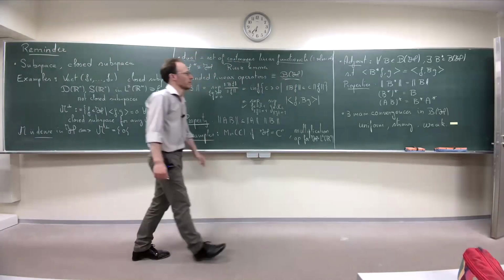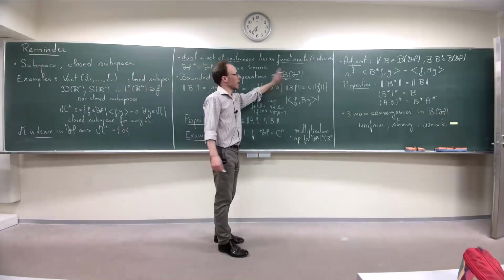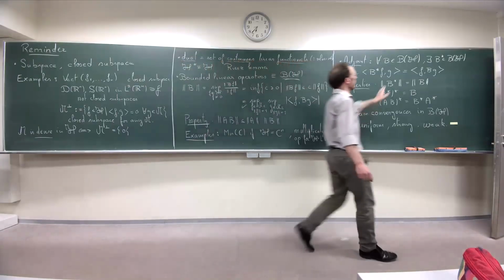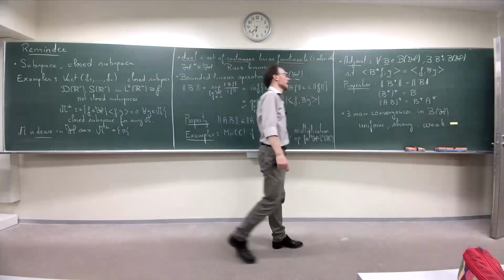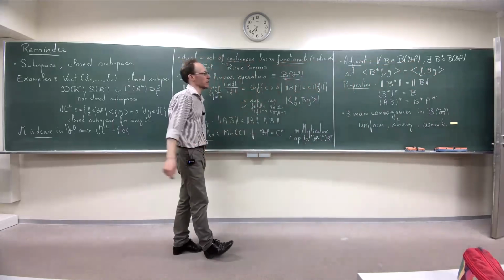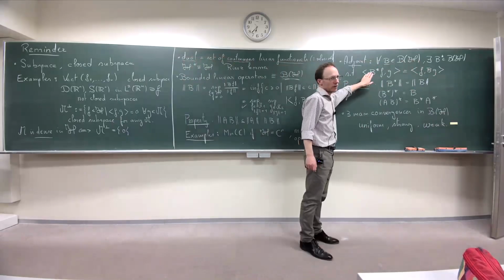dimension infinity. Now, on this set B(H), you have one important operation, which is taking the adjoint. So for any B in B(H), any bounded linear operator, there exists an adjoint, which satisfies this. It's like for symmetric matrices.